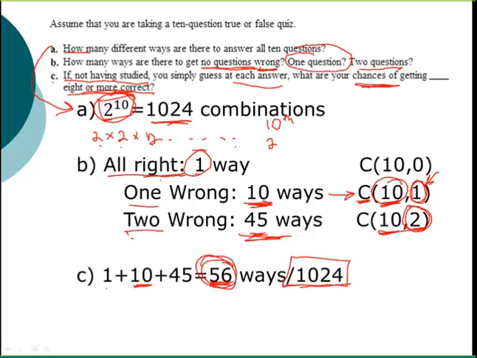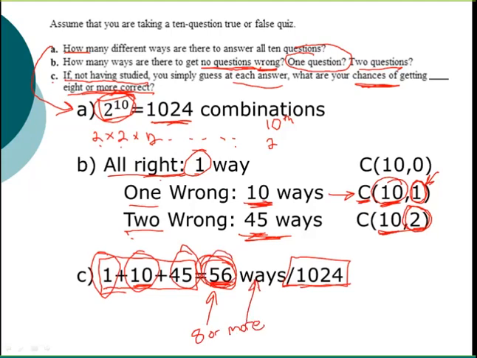But there are 56 different ways to get 8 or more correct, because this is getting 8 correct, this is getting 9 correct, this is getting all of them correct. So there's 56 different ways to get 8 or more correct, out of the total of 1,024, which gives you your actual chances.